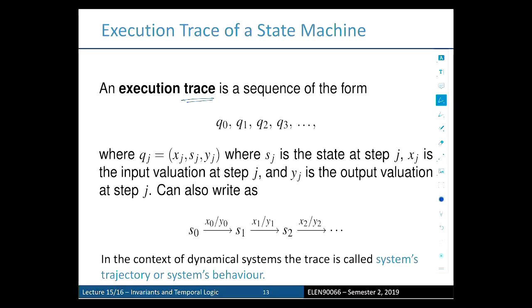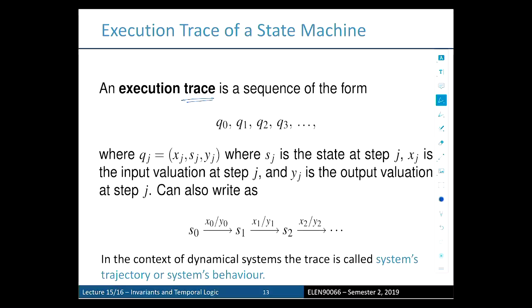If I have a finite state machine and let it run, in each time step we can record the state that we are in, the input to the system, and the output of the system. If I concatenate all these three together, we get a tuple.